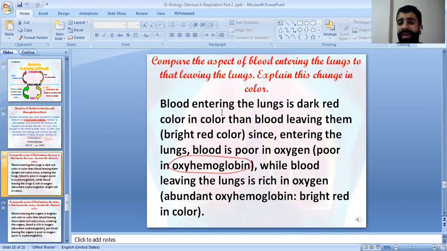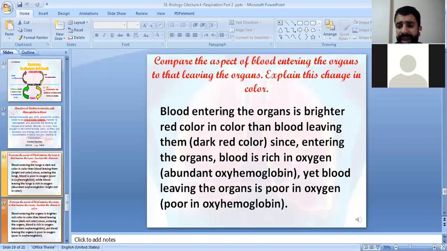Compare the aspect of the blood entering to that leaving the lungs and explain this change. The blood entering the lungs is dark red in color, while the blood leaving them has a bright red color, since blood entering the lungs is poor in oxygen, meaning it's poor in oxyhemoglobin, while blood leaving the lungs is rich in oxygen, rich in oxyhemoglobin. Compare the aspect of the blood entering the organs to that leaving the organs.